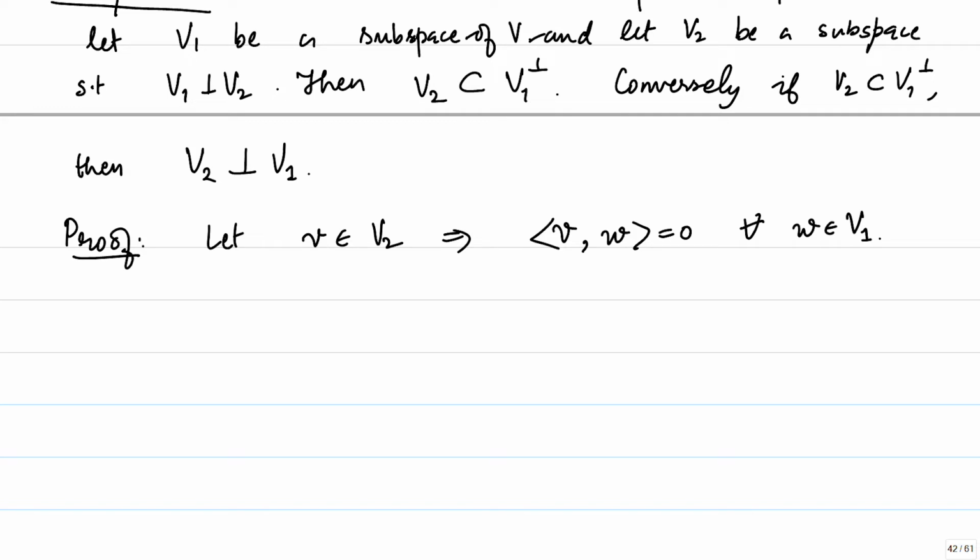But if you go back to the definition of what it means for a vector to be in the orthogonal complement, it means that it should be orthogonal to every vector in V1. And this gives that V should be in the orthogonal complement by the very definition, and this implies that V2 is contained in the orthogonal complement of V1.